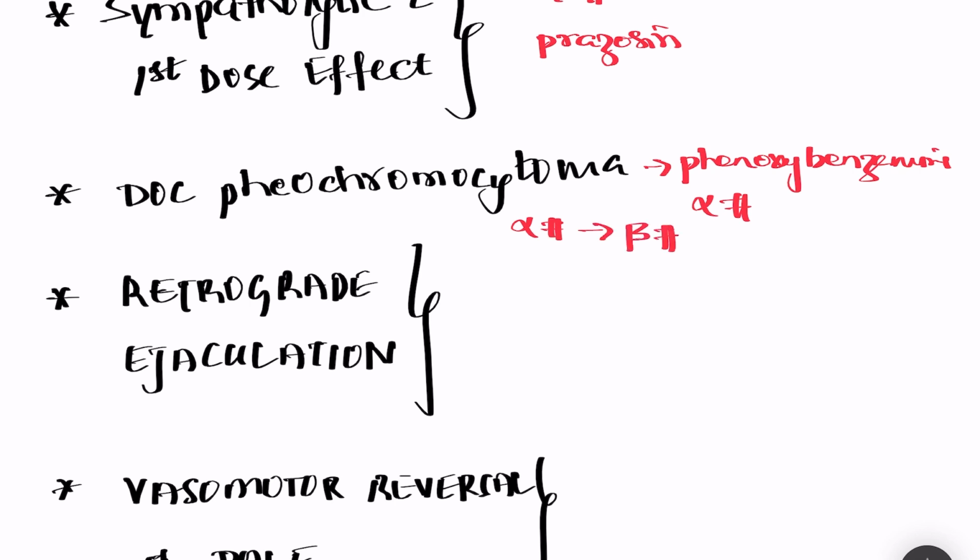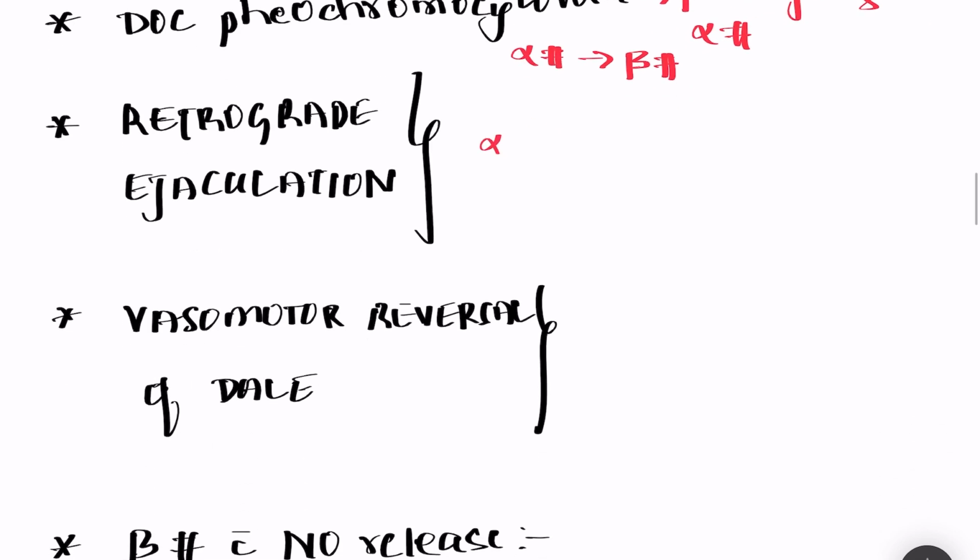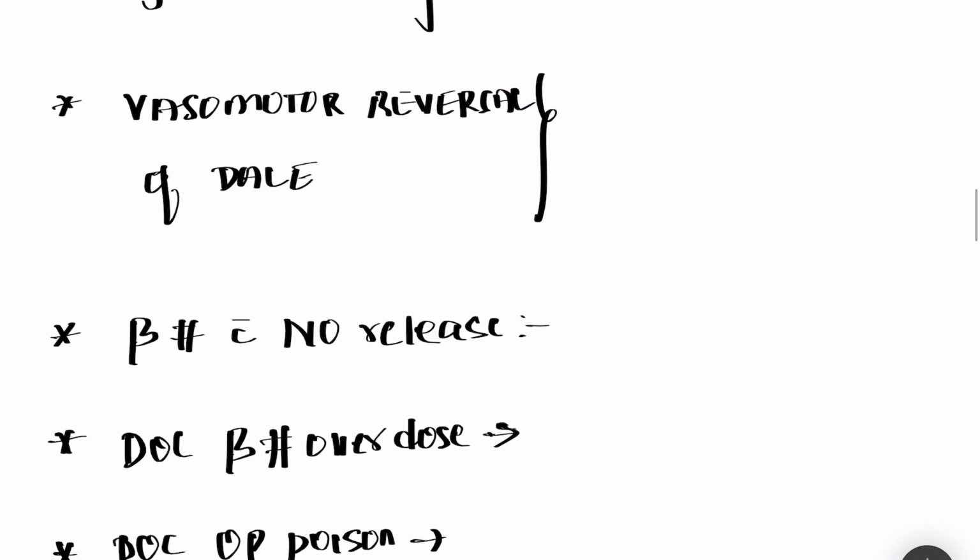So which drug has got anterograde ejaculation as a side effect? It is the alpha blockers, especially prazosin and phentolamine. So vasomotor reversal of Dale is seen when you give adrenaline.